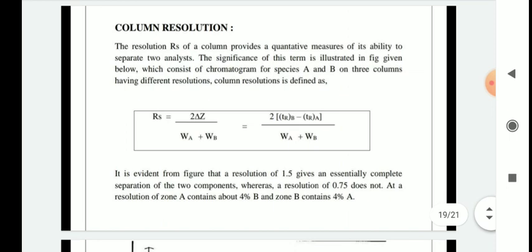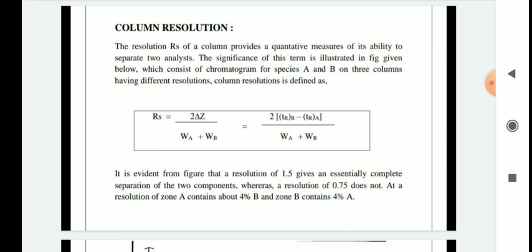The next thing we have to see is the column resolution. The resolution of the column tells you the ability of the column to separate two analytes. Resolution is a mathematical quantity that can be calculated by the formula: if you have two species A and B, the resolution between them is given by Rs is equal to 2 times (tRB minus tRA) upon (WA plus WB).